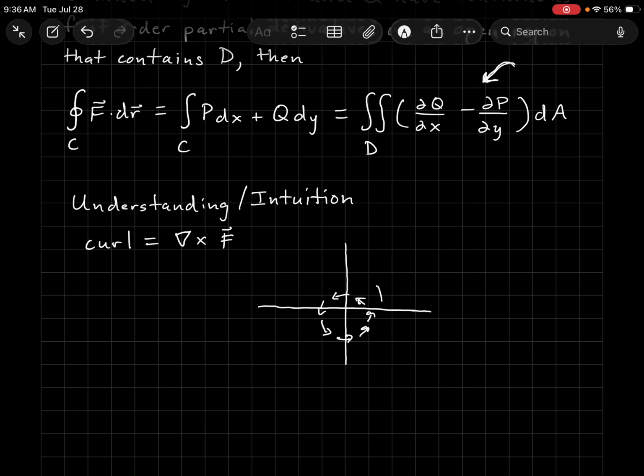And maybe out here a little bit stronger. But the idea here is that I have this rotation in my vector field. Notice that this rotation or this vector field is curling, if you would. That's the way I imagine a curl. I usually think of this as having some sort of rotation.